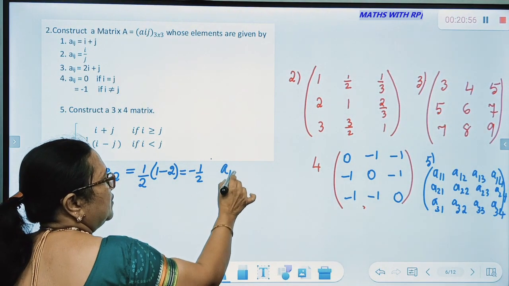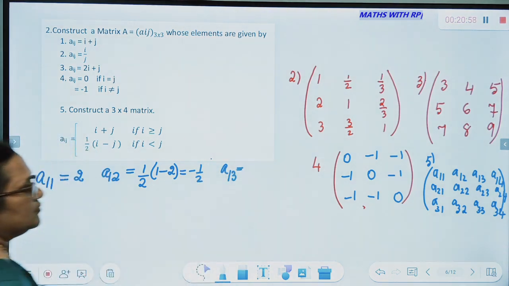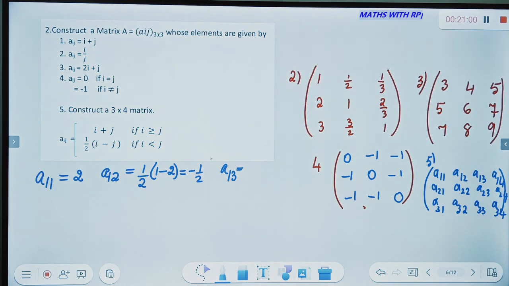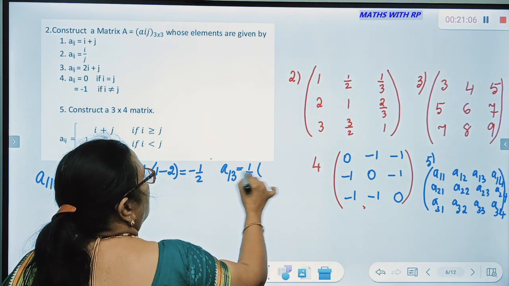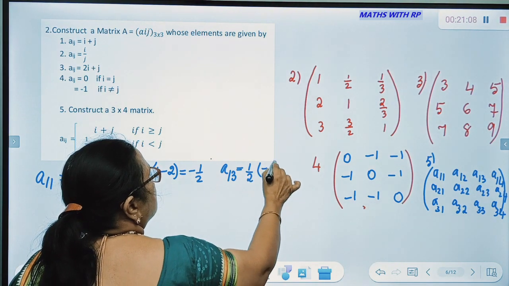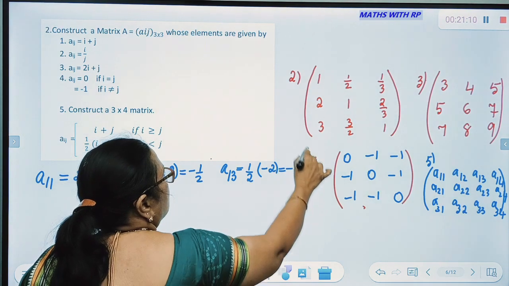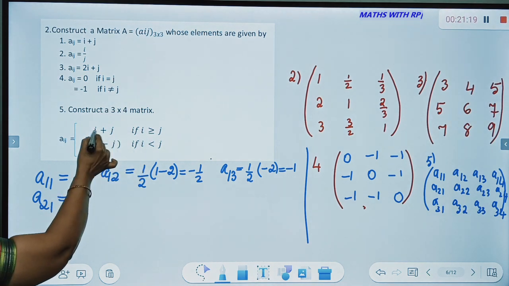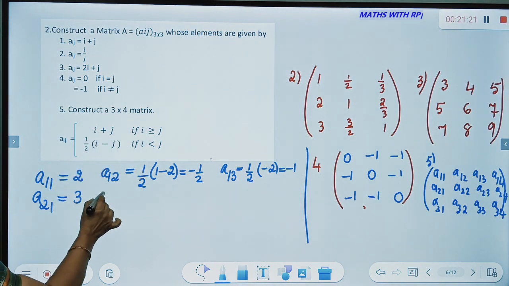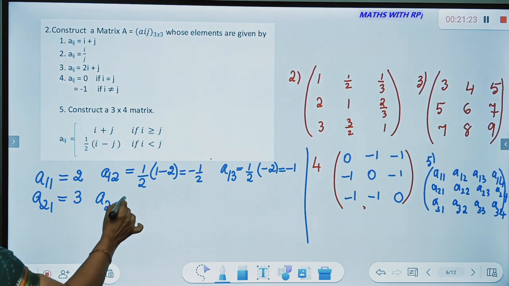A13 will be, is i greater than j or less than j? i is less than j. Half into 1 minus 3, which is minus 2, which is minus 1. Now A21, i is greater than j. If i is greater than j, it's i plus j, which is 3. A22 is 4.